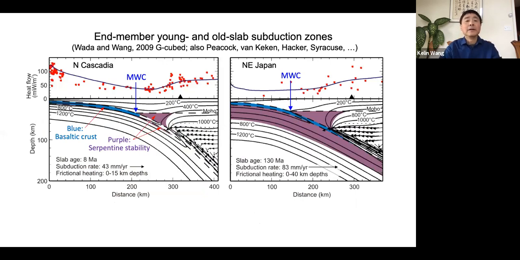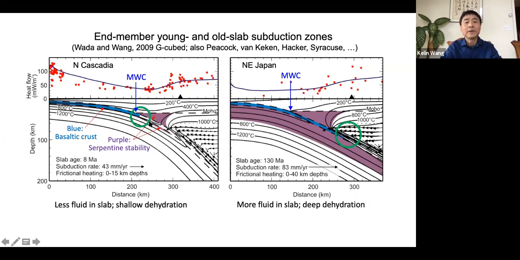As I said, the dehydration of the crust, the change from basalt to eclogite, occurs at fairly shallow depths for young slabs here, and at much deeper depths for old slabs here. As a result, most of the fluid is released at shallow depths to allow hydration of the forearc mantle wedge corner in this area. So that corner is highly hydrated for young slabs. And for old slabs, it's different.